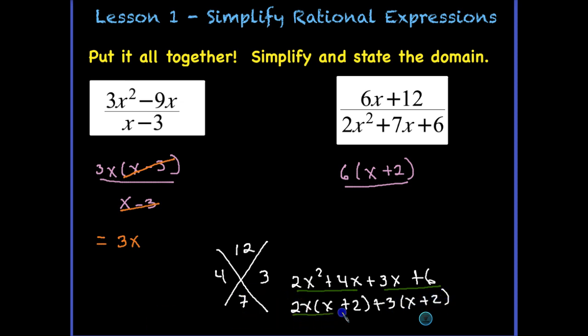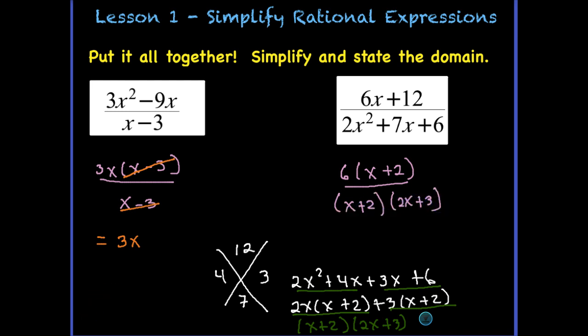So in our final 2 groups, we can see what we have. We have x plus 2, and then what's left is 2x plus 3. And that's what we'll go ahead and write as our denominator up here. So we have x plus 2 and 2x plus 3.